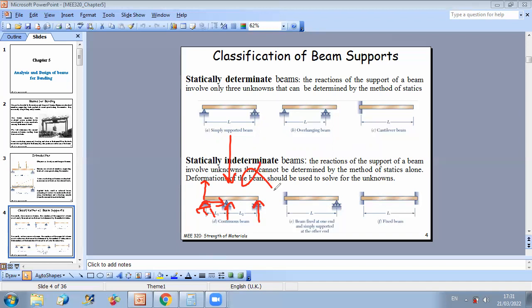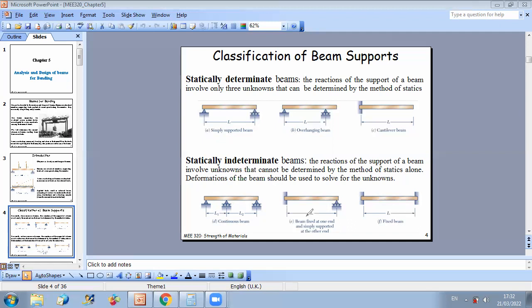I cannot solve statically. I need an additional tool, and in this course, we'll develop additional tools from mechanics of materials related to the deformation of the beam that can help us determine the external reactions of statically indeterminate beams. Okay. So this will be the objective of the last chapter in this course.